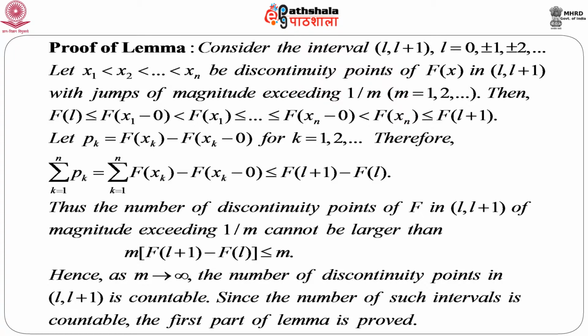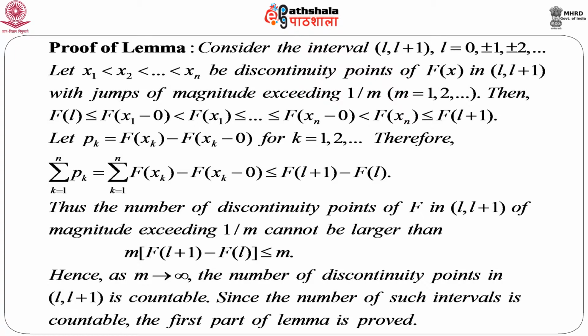Then since we know that a distribution function is always non-decreasing, we can immediately write that capital F of L is less than or equal to capital F of x_1 minus 0, which is less than F of x_1 and so on. Now, remember this is written because of the fact that it is right continuous, so it might not be left continuous. That is why we have put the strict inequality sign here, and so on up to F of x_n less than or equal to F of L plus 1.